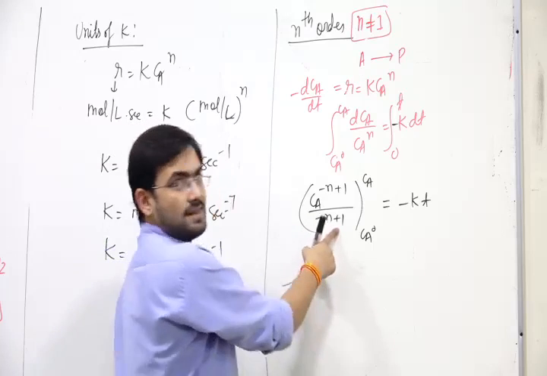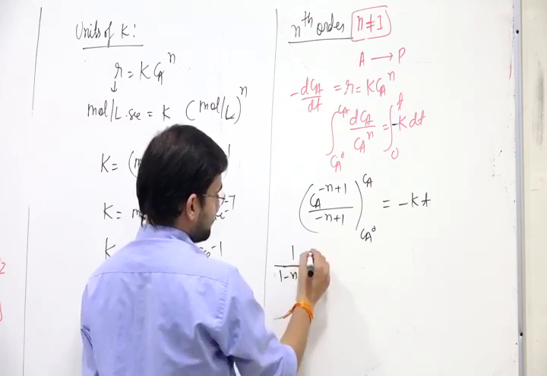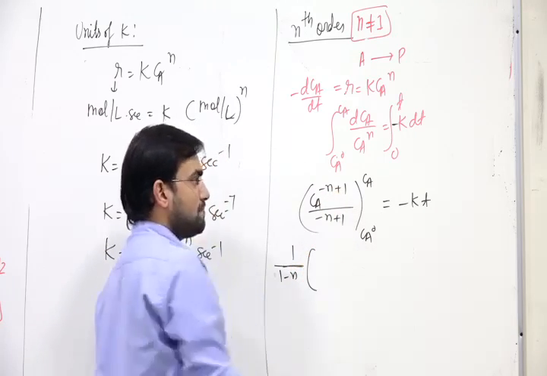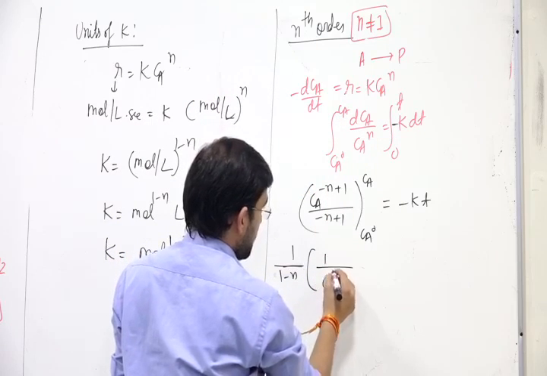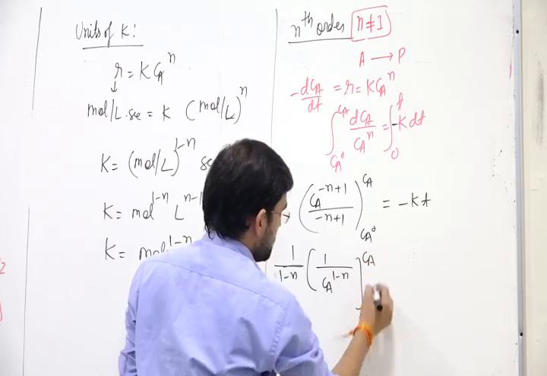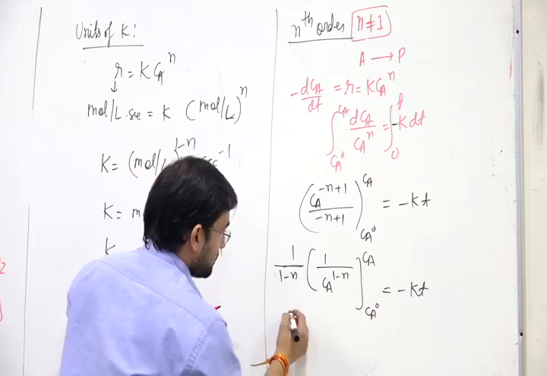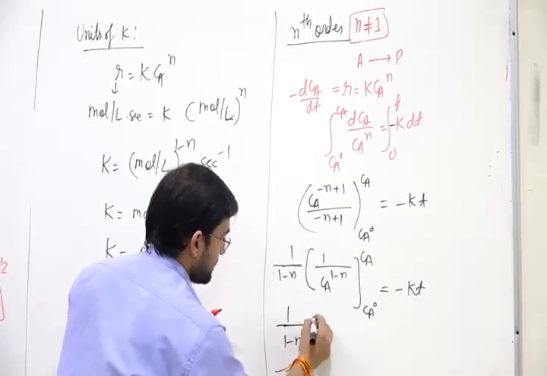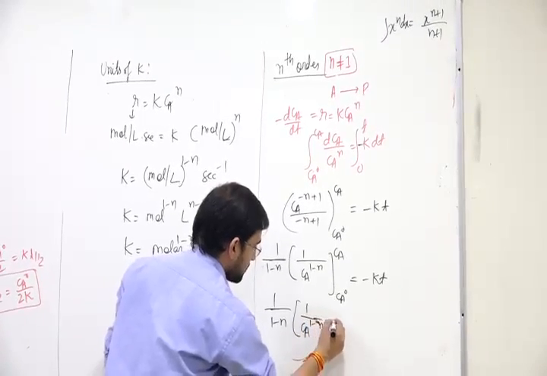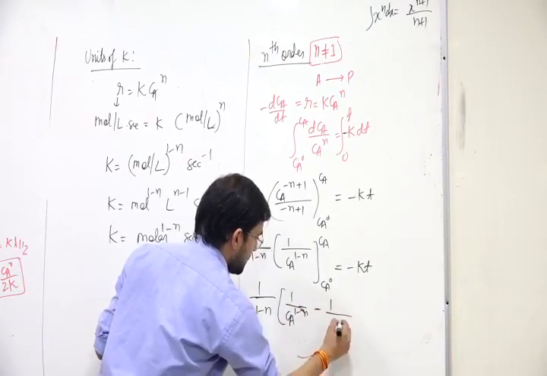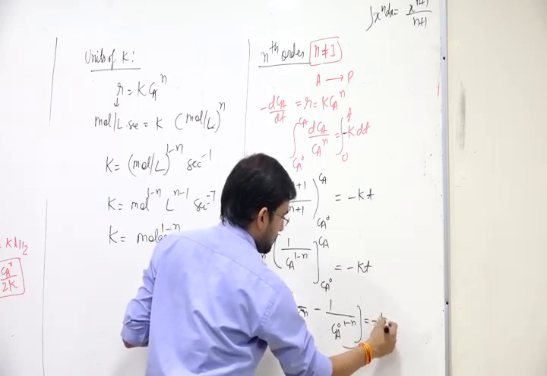Now this will become 1 minus n, so I can write 1 minus n outside, and this can come in the denominator, then it will become power 1 minus n. So Ca power 1 minus n, between Ca and Ca naught, equals minus Kt. Now 1 by 1 minus n, put Ca: 1 by Ca power 1 minus n minus 1 by Ca naught power 1 minus n, bracket, equals minus Kt.